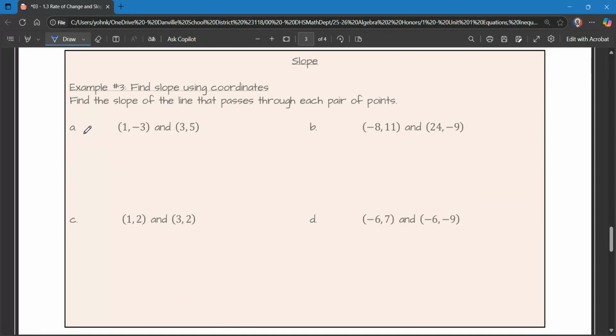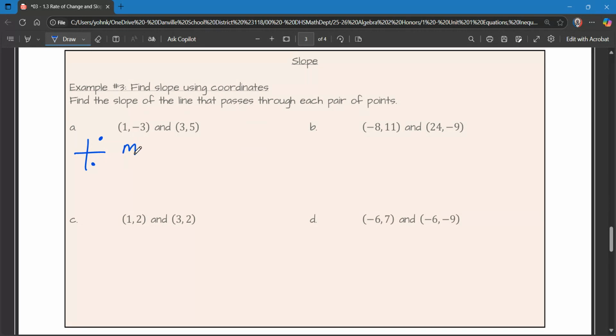Find the slope of the line that passes through each pair of points. So if you were just to do a quick sketch, (1, -3) is down here, (3, 5) is somewhere up here. I would expect my answer to be positive because the slope is going up. Now it doesn't matter which ones you call x1 or y1, x2 and y2, as long as you're consistent.